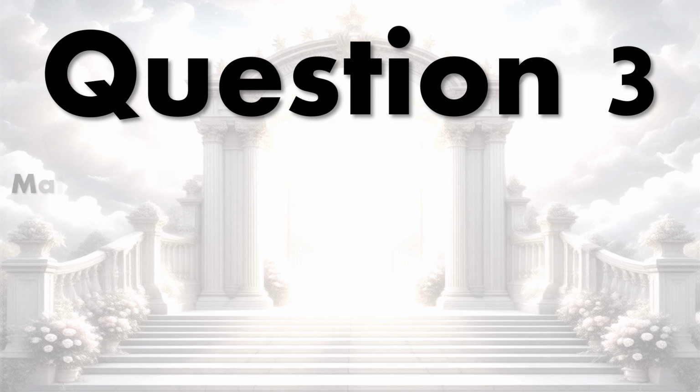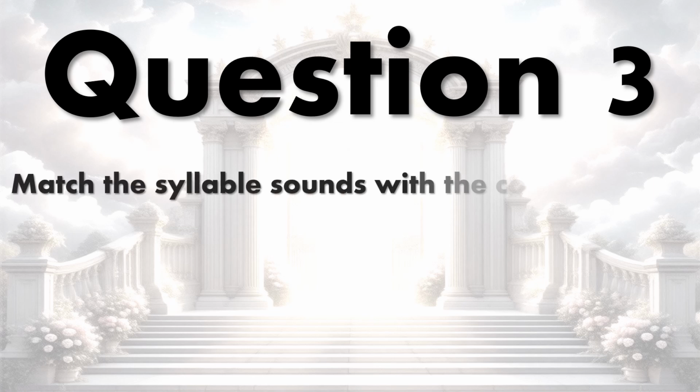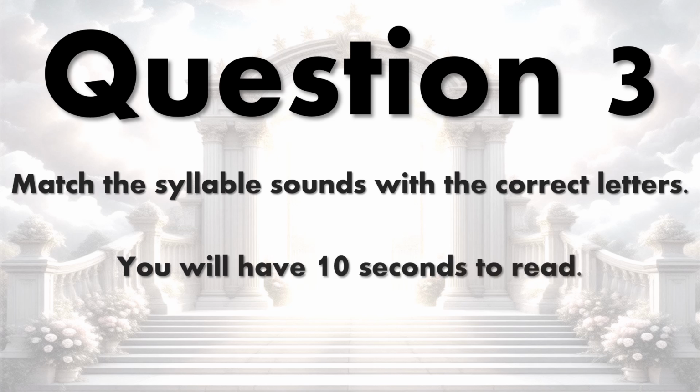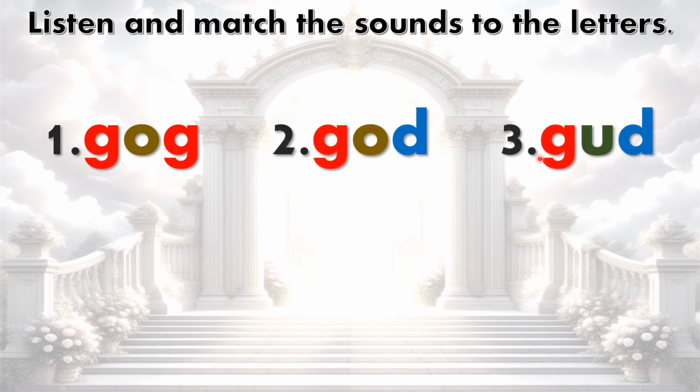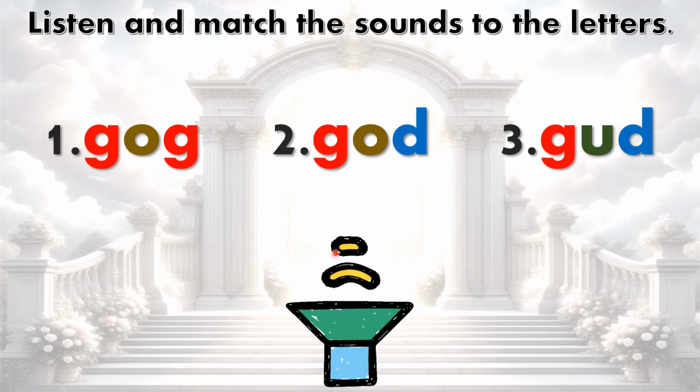Question 3. Match the syllable sounds with the correct letters. You will have 10 seconds to read. Number 1, G-O-G. Number 2, G-O-D. Number 3, G-U-D. Here come the sounds. God.